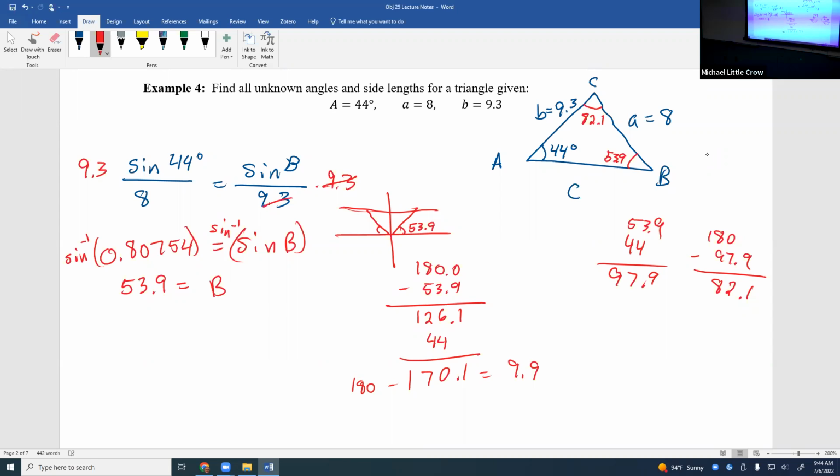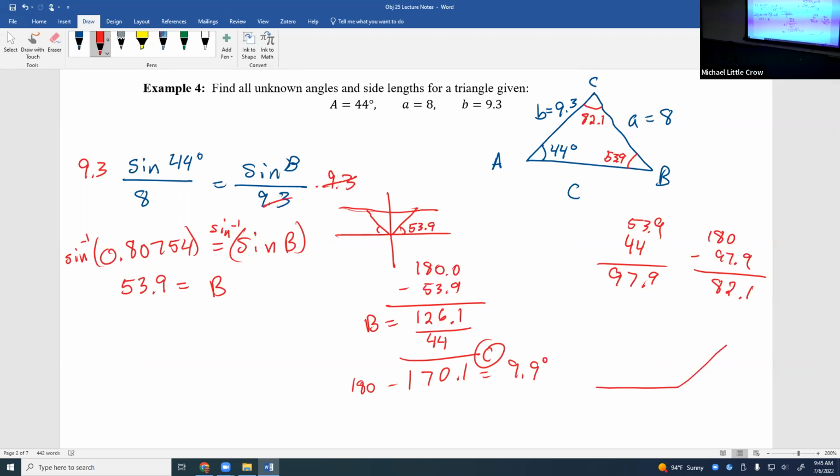So we could also have a second triangle where angle C is 9.9 and angle B is 126.1. I'll draw that triangle as my alternate reality. Since I know what it is, let's see if we can kind of draw it. So 126 degrees is B. That's going to be an obtuse angle, right?